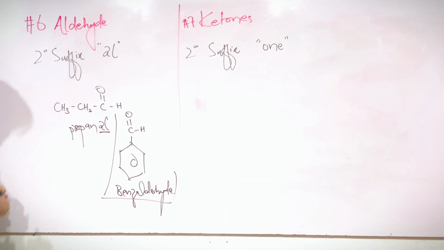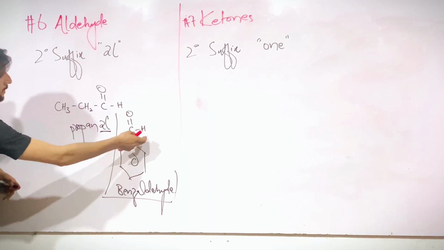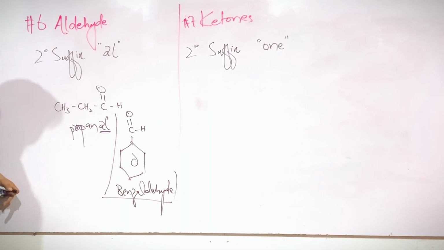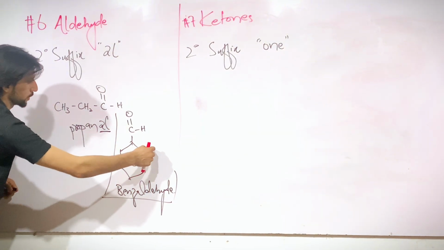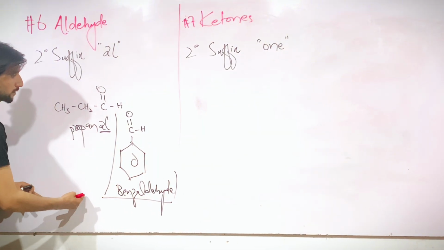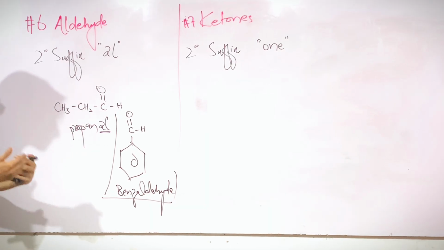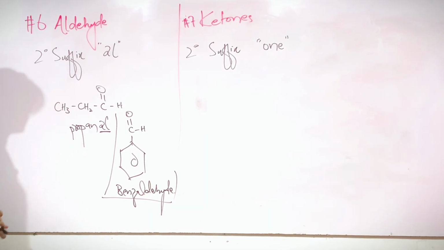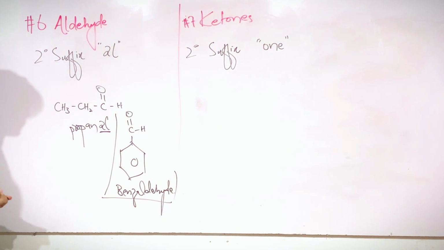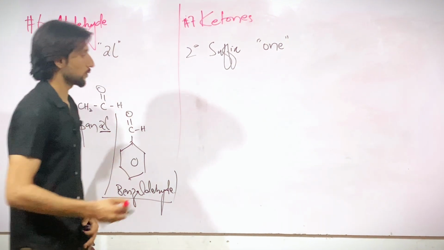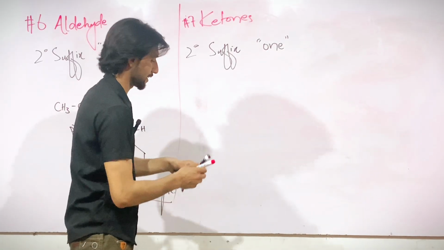So if it is attached to a benzene ring, this becomes the parent and our primary functional group. It is called benzaldehyde. If there was a methyl group attached here, we would call it 2-methyl benzaldehyde. So now, I think you have learned the pattern of naming an organic compound with IUPAC nomenclature. Now for ketones, we use one as a secondary suffix.